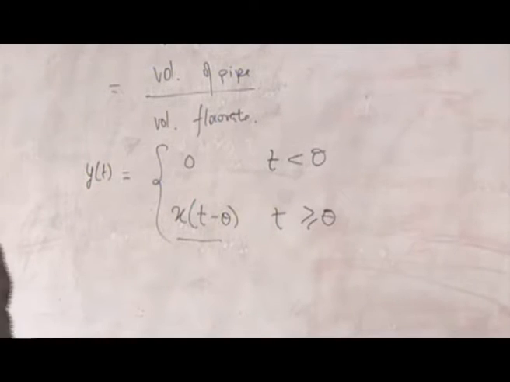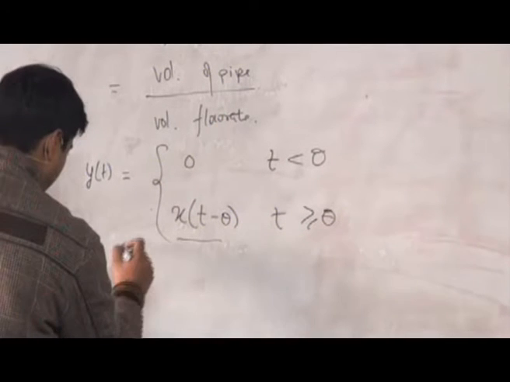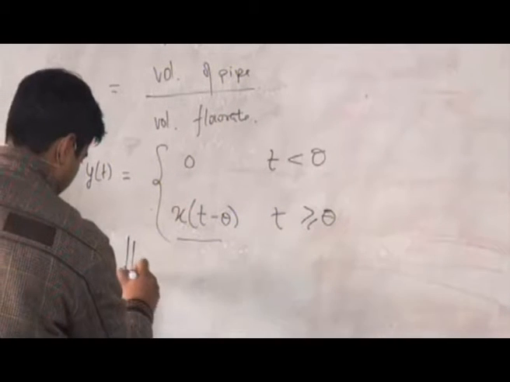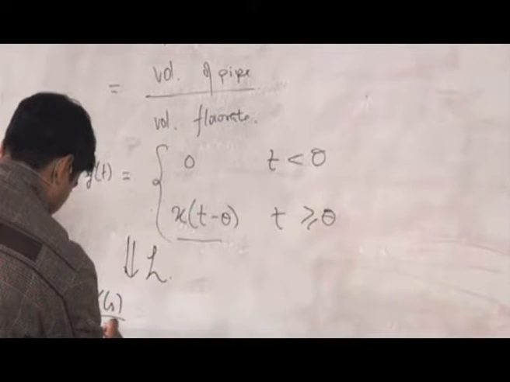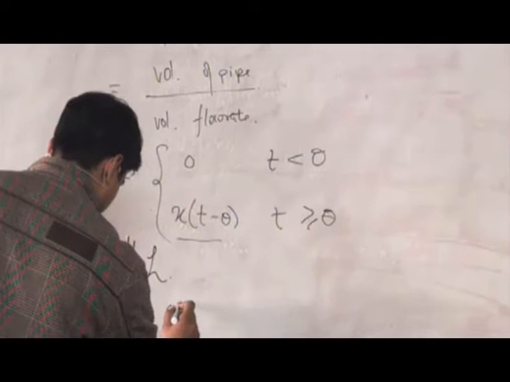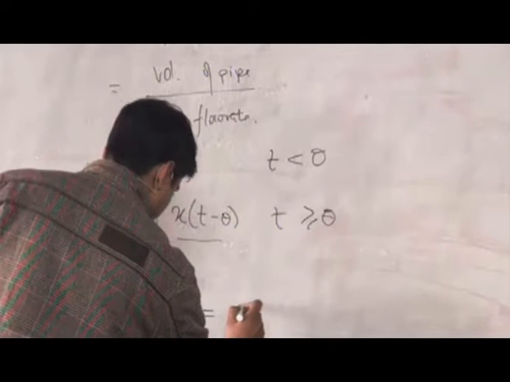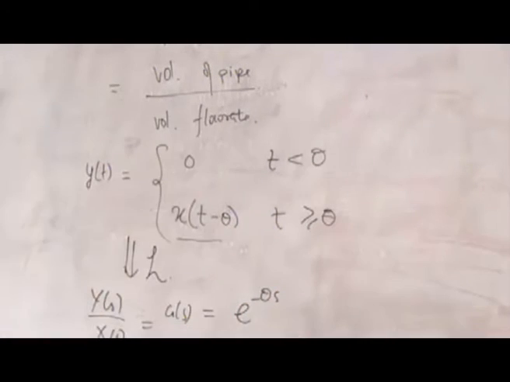So now how can I determine the transfer function of the system? What I will do is take the Laplace transform, which is given by Y(s) over X(s) equals G(s) e to the power minus theta s. This is the property of the Laplace transform.